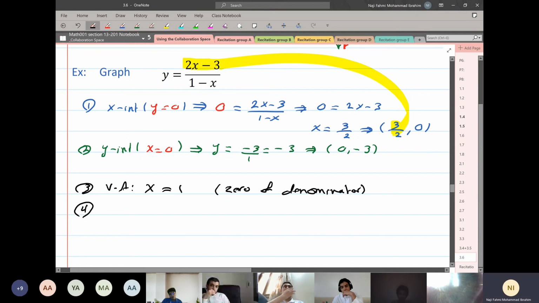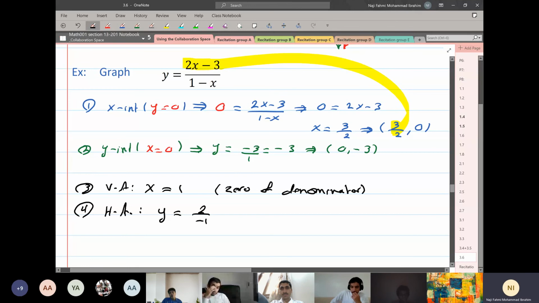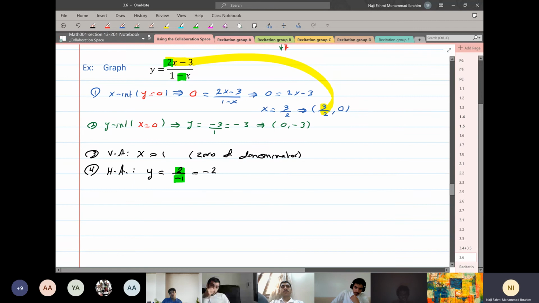Okay. Now we need Muhammad Al-Galaf to give us the horizontal asymptote. Yes, it is -2. Thank you. How did we find that? The ratio of the leading coefficients. Thank you very much. Now we plot all these in our graph.